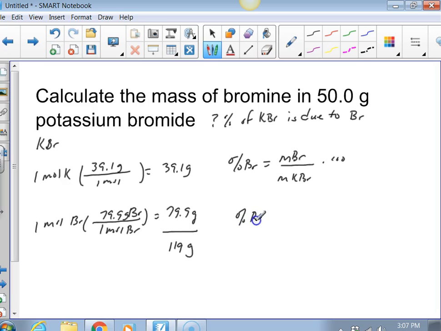So percent bromine then is equal to 79.9 grams divided by 119 grams times 100. That gives 79.9 divided by 119, and then multiplied by 100 is 67.1% bromine.